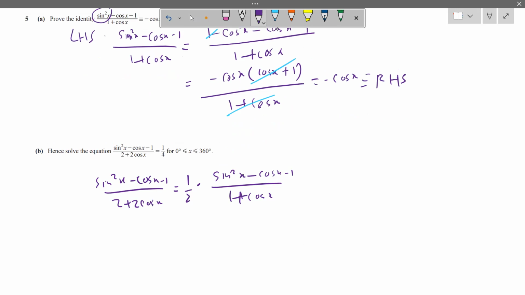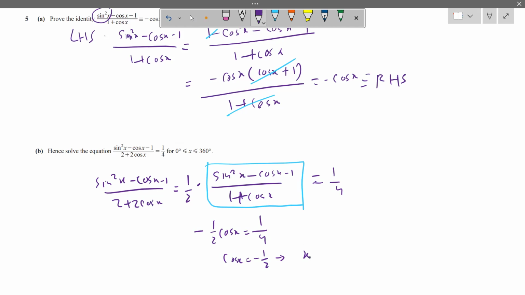Notice that this form is identical to the one above, so this is actually minus cos x. And this is equal to 1. So this is actually minus 1/2 cos x equals 1/4. Cos x equals negative 1/2.